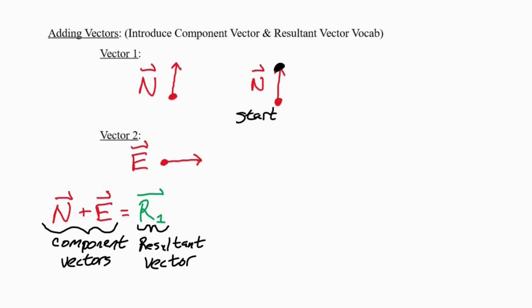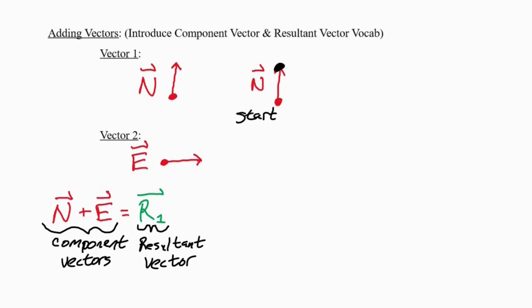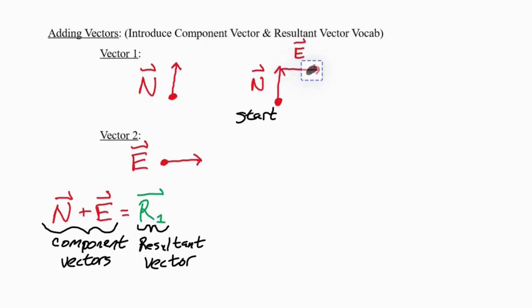Okay, so now what's next? Oh, it says, hey, the next instruction is to go vector e. So now the dot is over here, and let's go vector e. So if we're displacing our dot, we're going to bring it from here to over here. I like to look at these as if they're instructions.